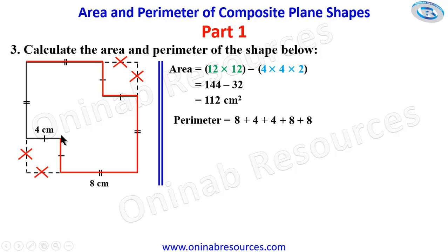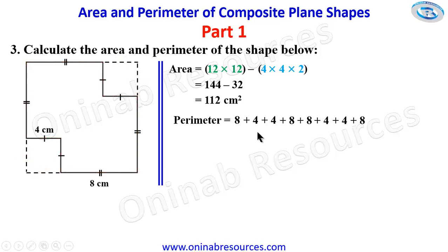Going up here is 4 centimeters, plus 4. Going to the left is another 4 centimeters. And going back to the starting point, which is 8 centimeters, will be added. So that's all for getting the sides and adding them up.